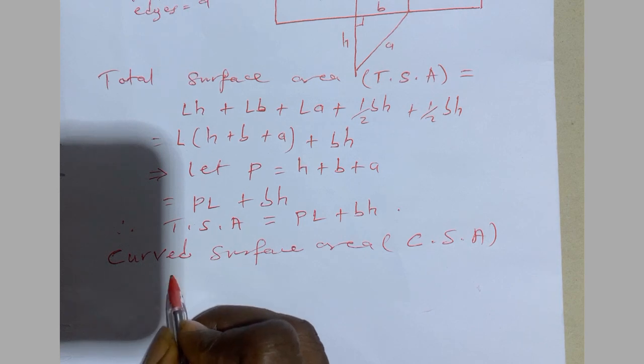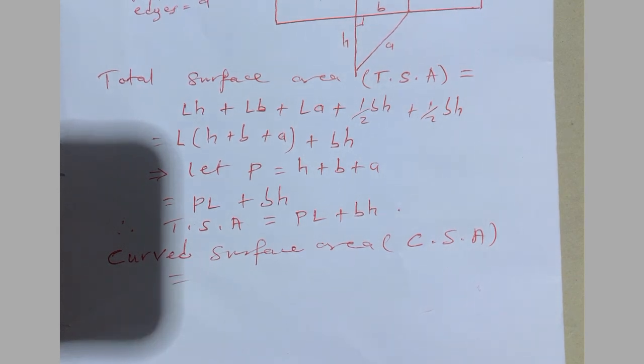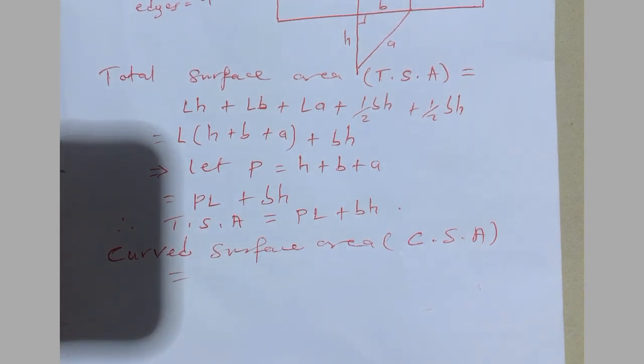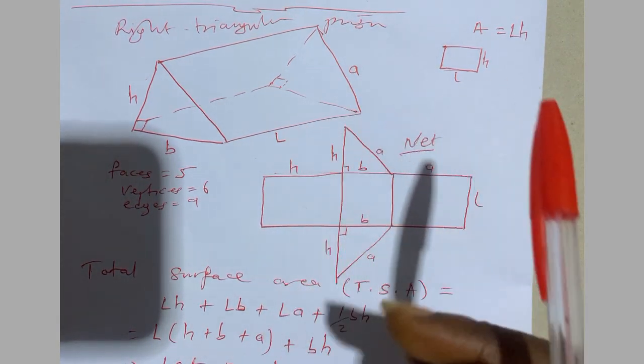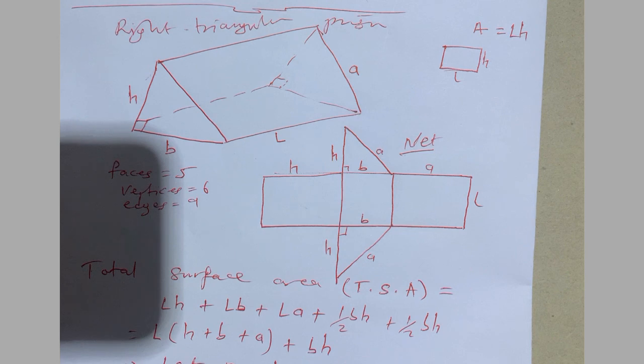When talking about the curved surface area of any 3D shape at all, it's a situation where the bottom and the top is being removed from the shape that we're considering.